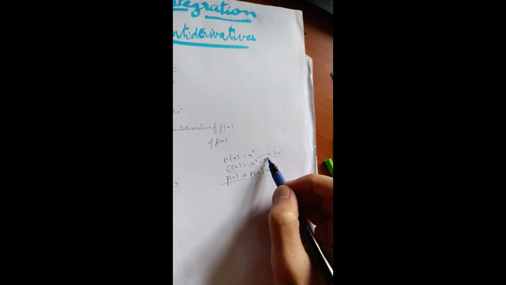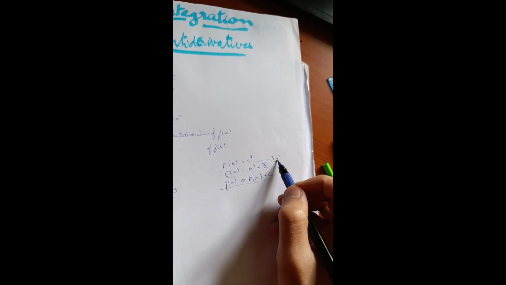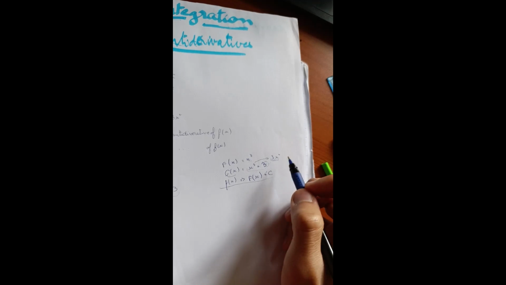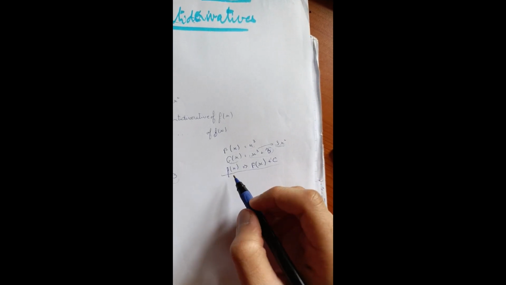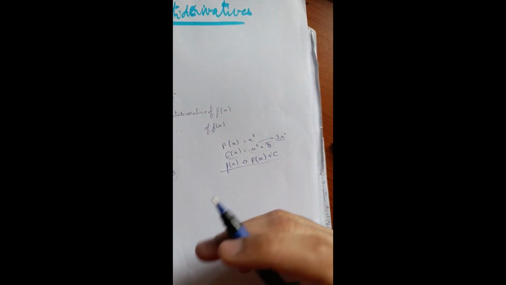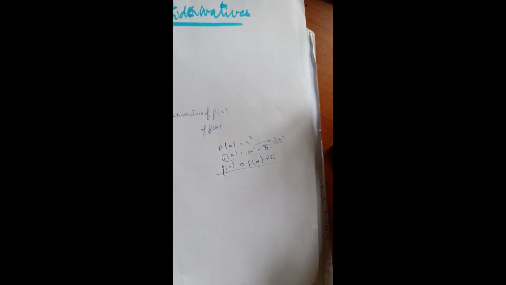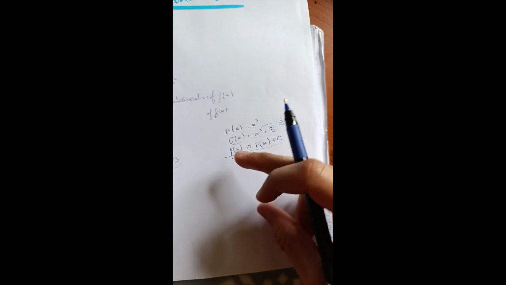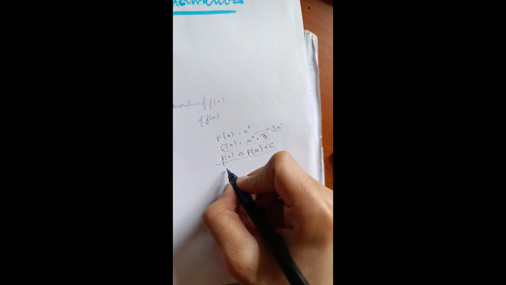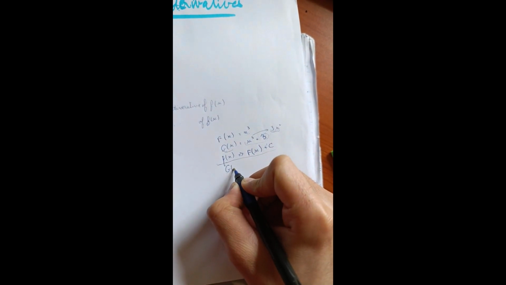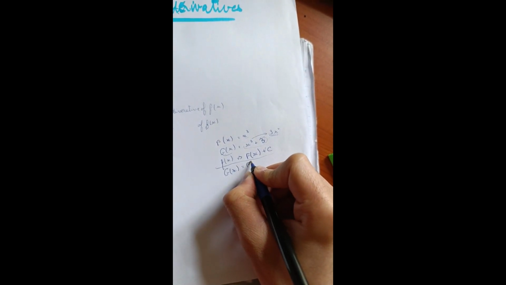Because if we change 3 here to, let's say, 2, it will also give us 3x squared. Let's say 4, also 3x squared, and so on. That's why when we want to find the general solution, or all the solutions of antiderivatives for f of x, we write it as F of x plus c, and we denote it as G of x. We say that G of x is equal to F of x plus c.